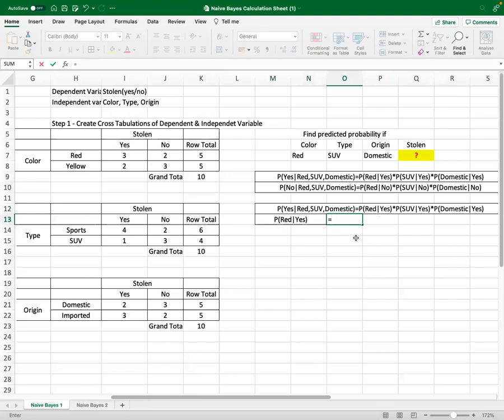So how will you calculate? Is equal to 3 by... no. What is the row total? 5. So 3 by 5. Sorry, column total.